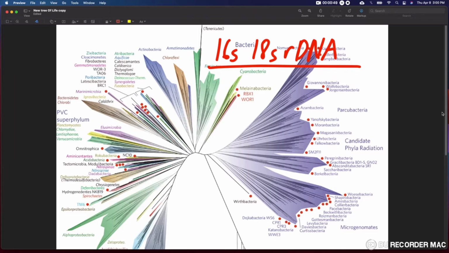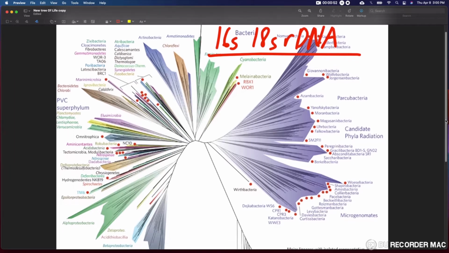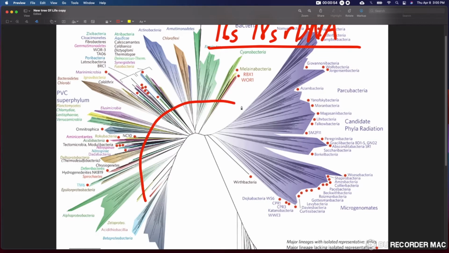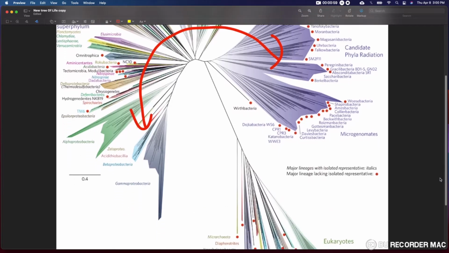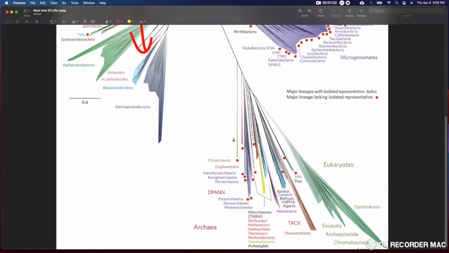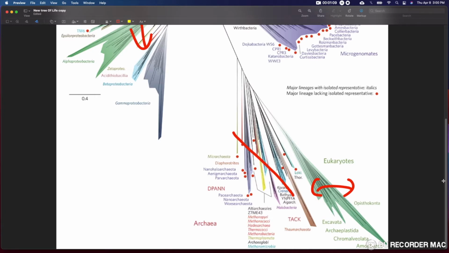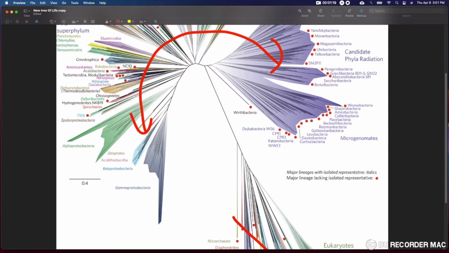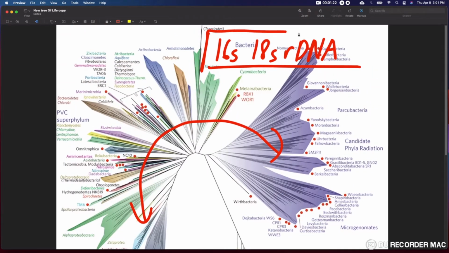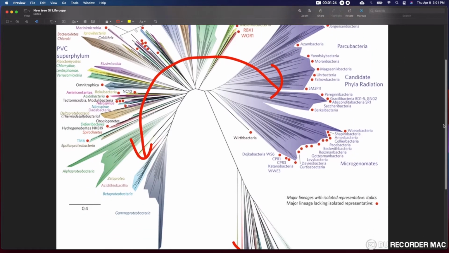So as you can see here, if you look at the tree, we have at least 92 bacterial phyla, and I think about 26 archaeal phyla right here, and 5 eukaryotic supergroups right here. Okay? And if you look closer at this tree, it's based on the 18S and 16S rDNA sequences.